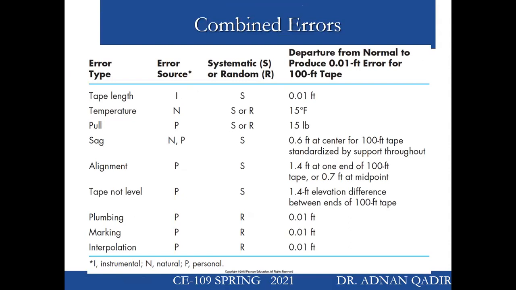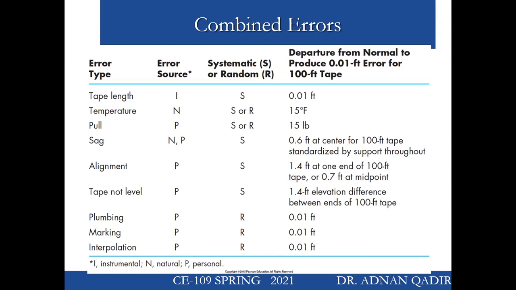Now, what are the errors? Source: tape length L, systematic or random. There are two types of error. One error can be corrected if it is a systematic error. If it is a random error, that may not be corrected because you never know where actually it has happened. Now, what are the standards?